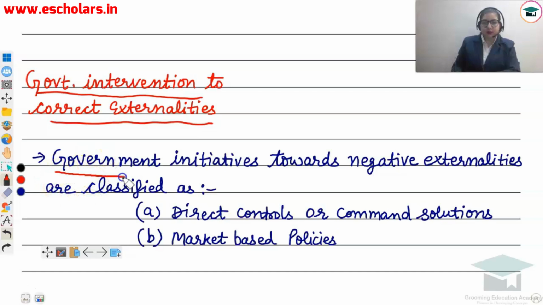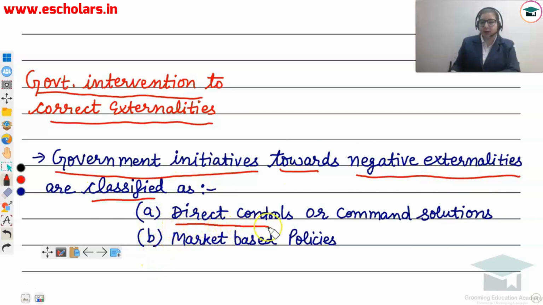Okay. So, government initiatives, that is the steps of the government towards correcting the negative externalities, are classified into two, and those are: number one, direct controls, which are also known as command solutions, and number two is market based policies.